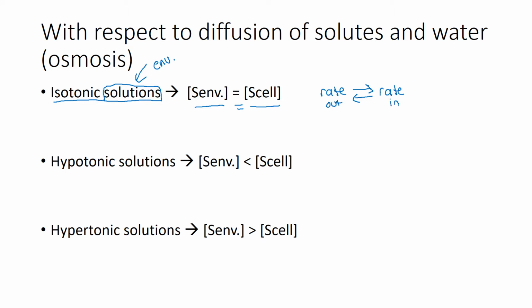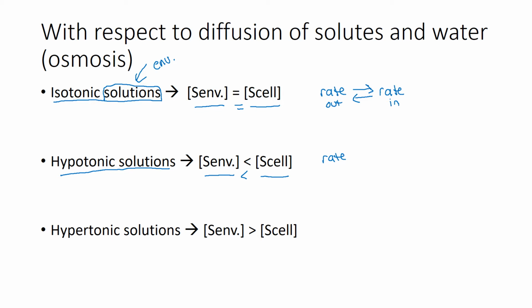All right, so if we look at a hypotonic solution, again, this is the environment. A hypotonic solution or hypotonic environment has a solute concentration that is less than that of the cell. So what this means is that the environment has less, so it has basically more water. So basically the water is going to move into the cell.